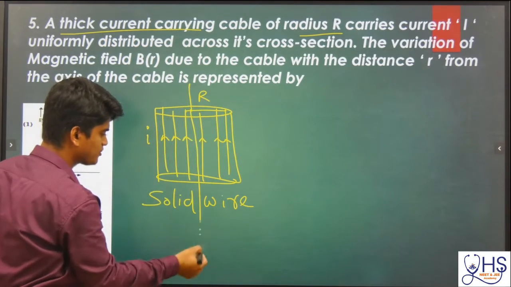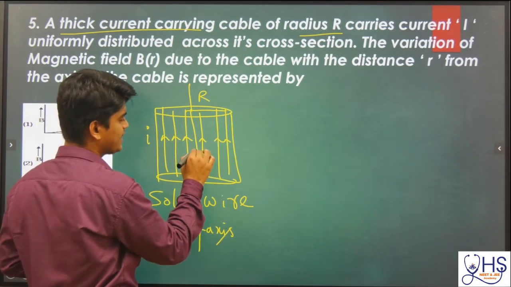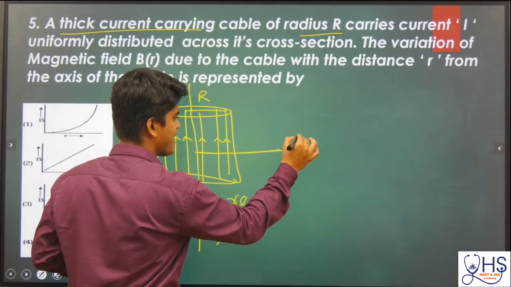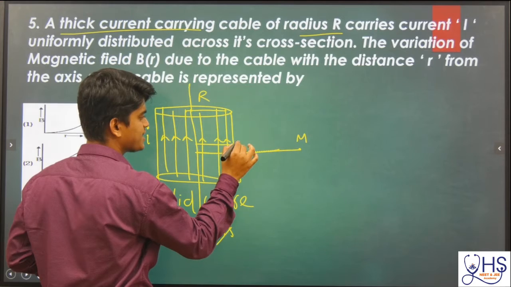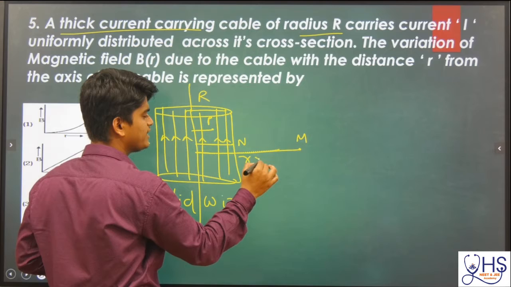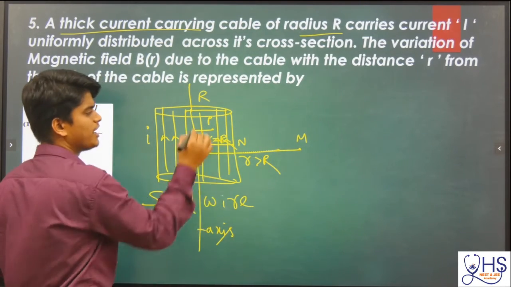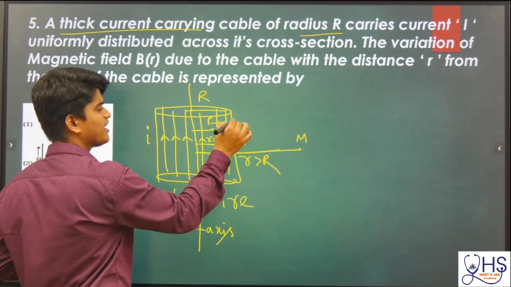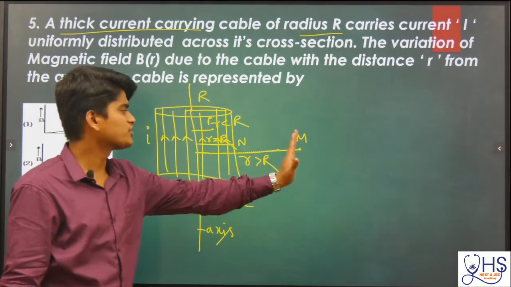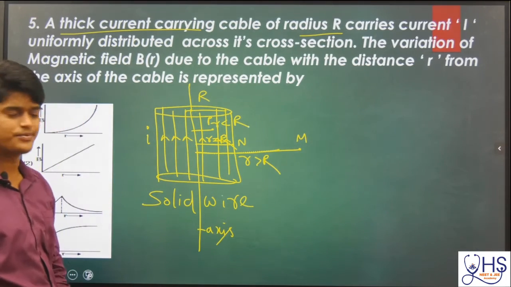From here I can take certain points: this point I can take as M, this point as N, and this point as P. Here r greater than R, r equal to R, and r less than R. So I have 3 points M, N and P. M is the outside point, N is the point on the surface, and P is the inside point.